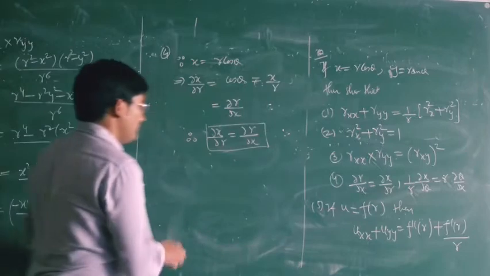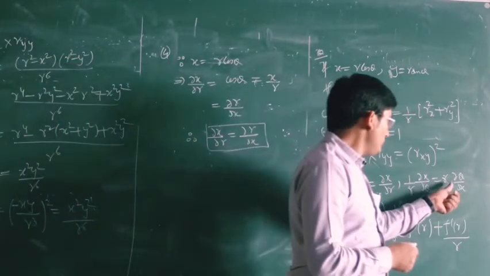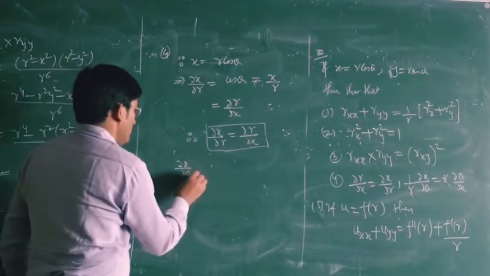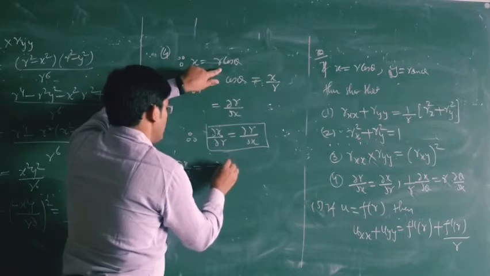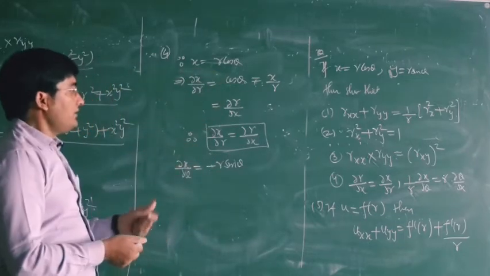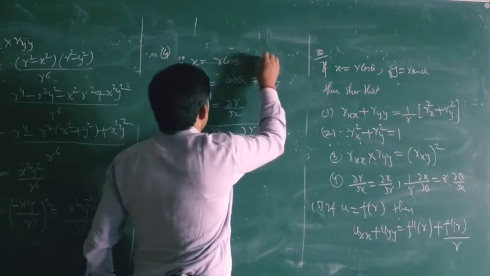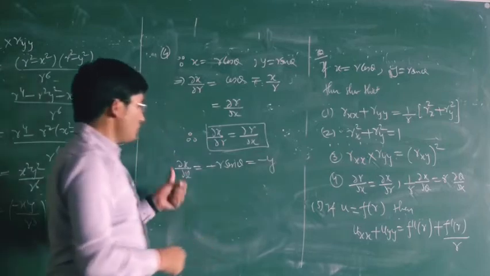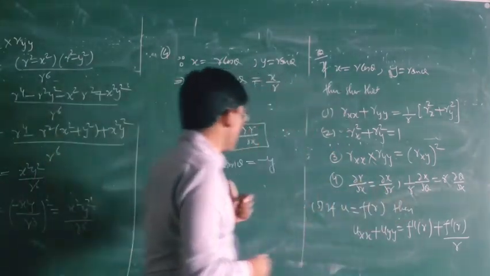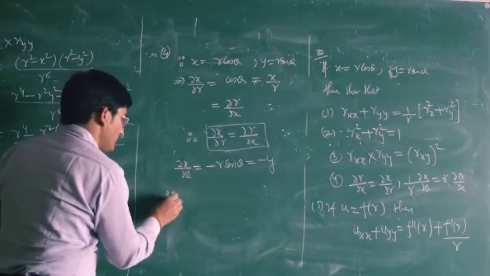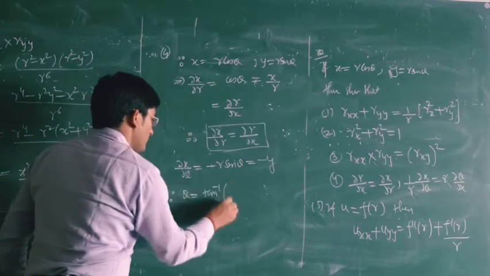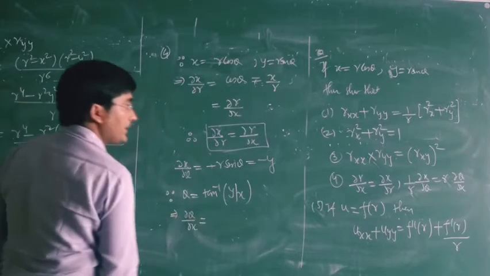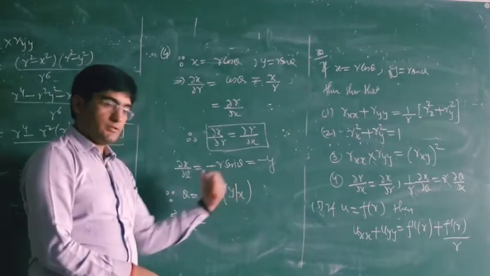Now the second part, and for the second part we need the value of del theta upon del x. So for that let us compute del x upon del theta. Now your del x upon del theta will be minus r sin theta, and your y was r sin theta, so this will be minus y. So our del x upon del theta is minus y. Now because theta is tan inverse y upon x, our del theta upon del x will be, let us differentiate this function.